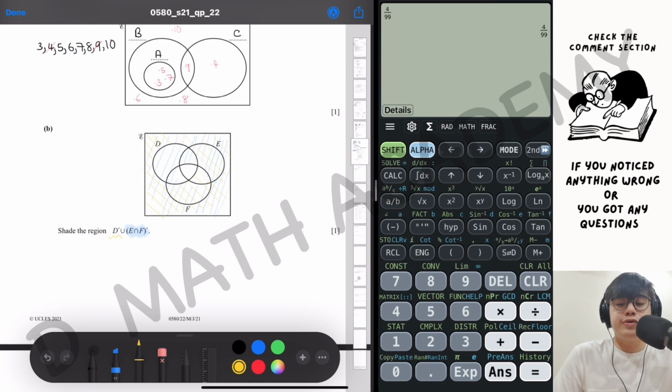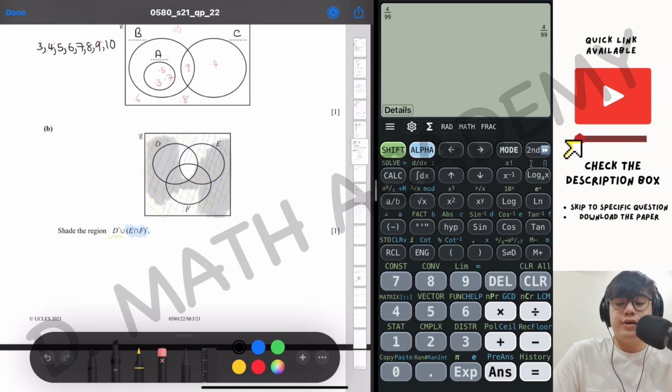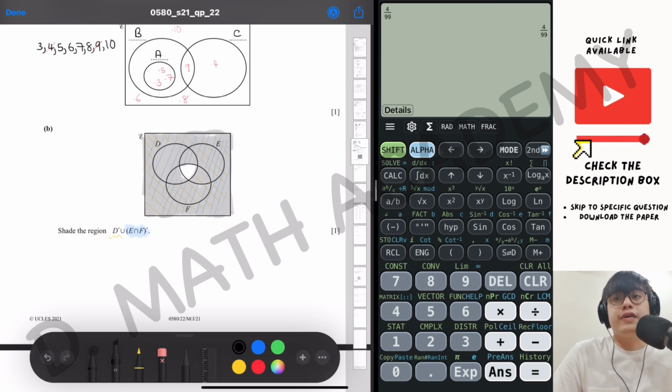Because they use union here, my final result would actually be this. So I basically shade all the parts except the center there, because those are the ones that are not shaded at all. The rest, once shaded, will qualify as the answer. So this is what I would submit as the final result.